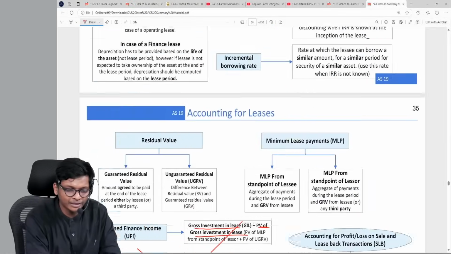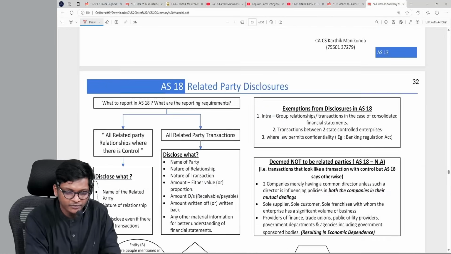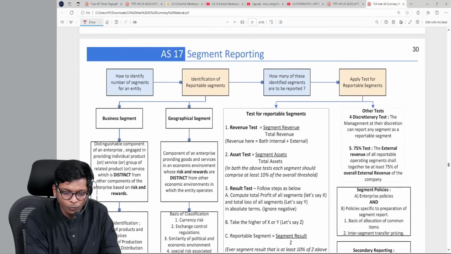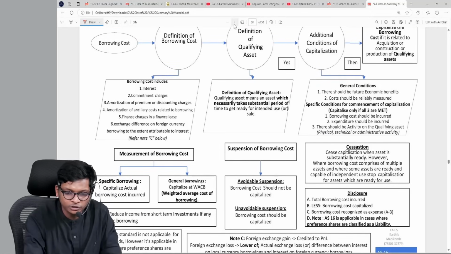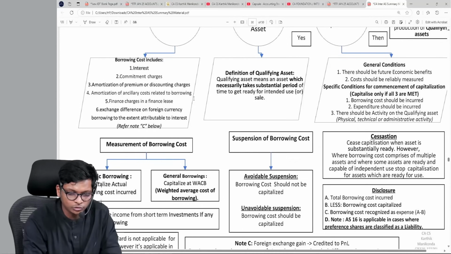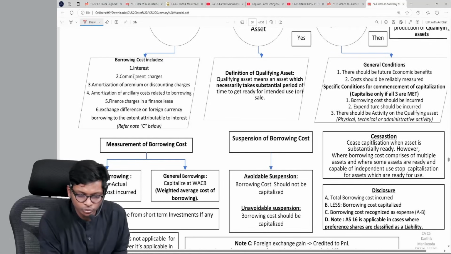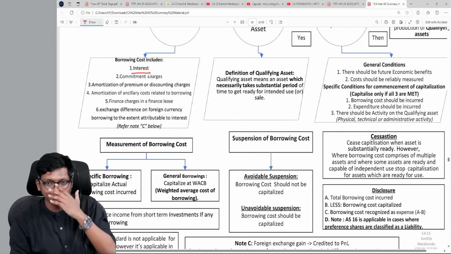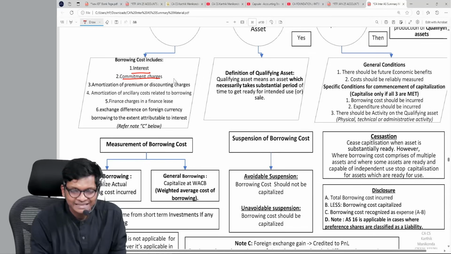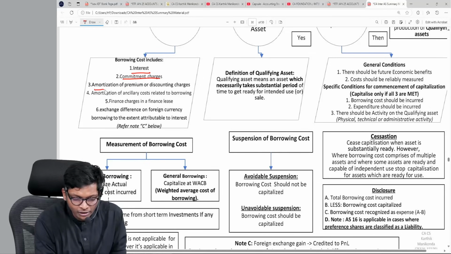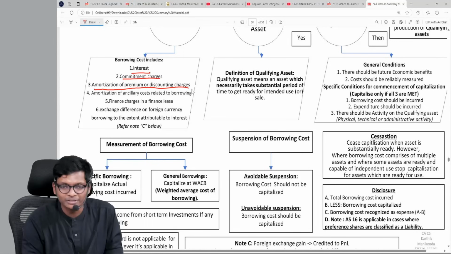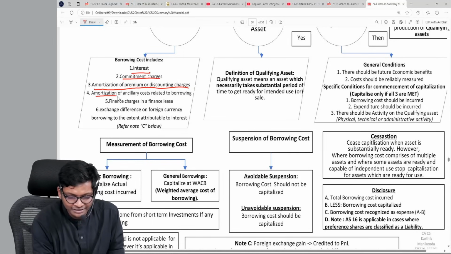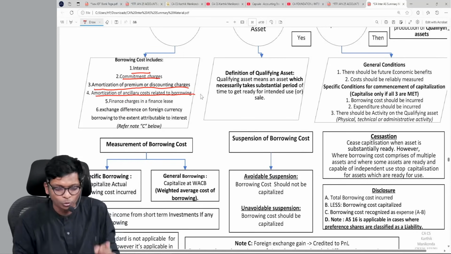If you go to AS 16, we would have seen what is borrowing cost. Definition of borrowing cost we would have discussed in class also. Borrowing cost includes interest. I will keep always using interest, but it also includes commitment charges, amortization of premium or discounting charges, and amortization of ancillary costs related to borrowing.